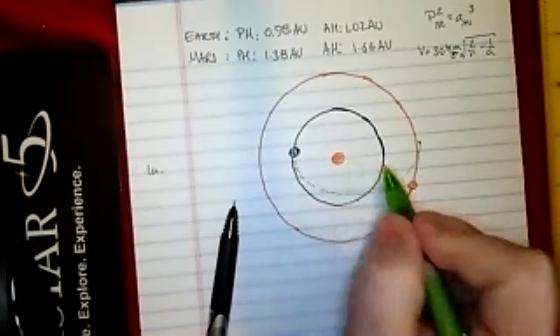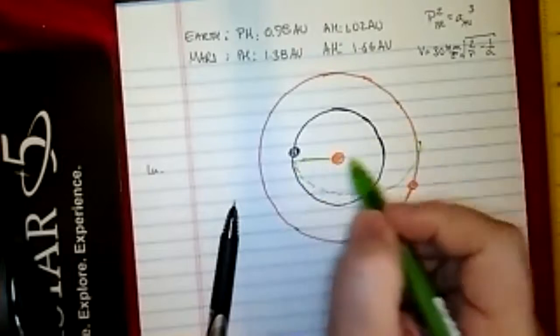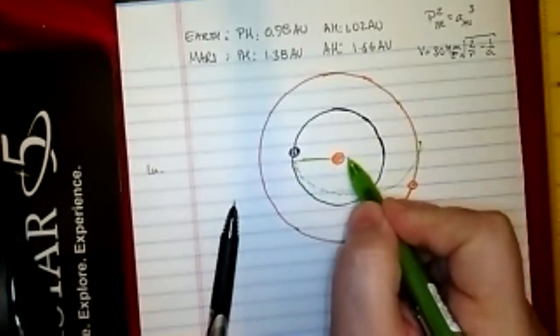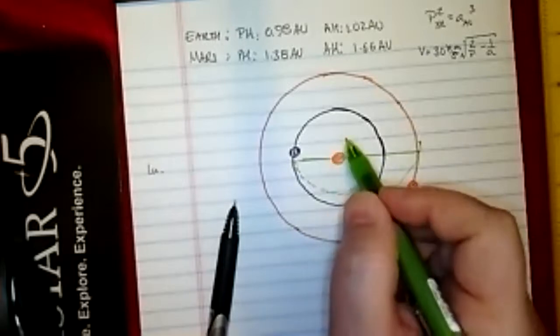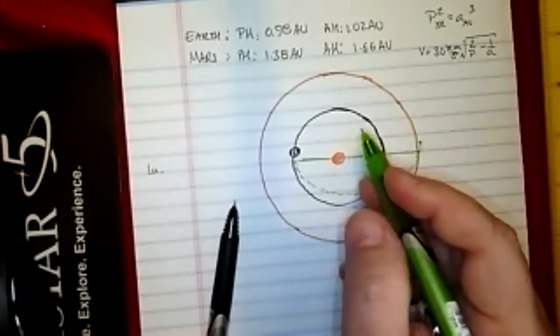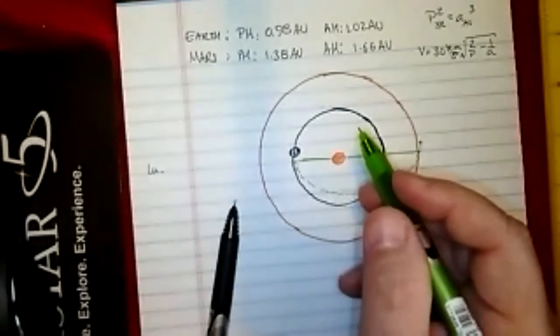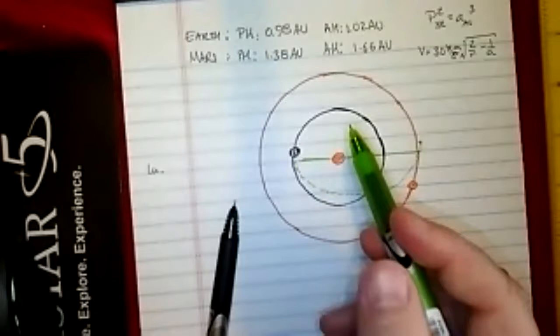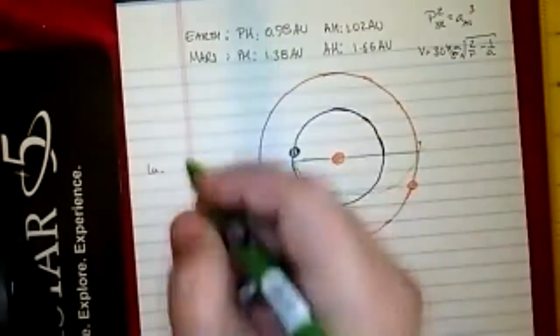So you can see, obviously, its aphelion distance is the distance to the Earth, and its perihelion distance is the distance to Mars. But in that case, we're using perihelion to perihelion. So it says, what is the perihelion distance of the spacecraft? Well, that's when it's closest. And since we're going from Earth at its closest to Mars at its closest, then we're going to use 0.98.